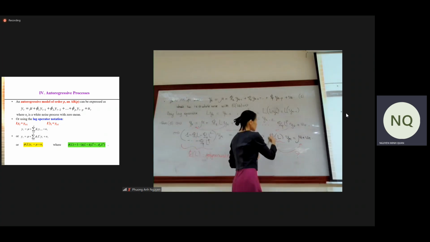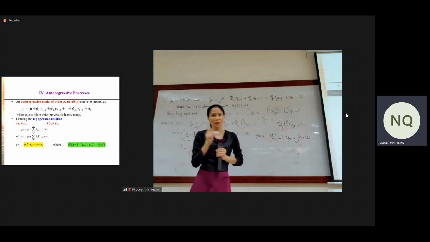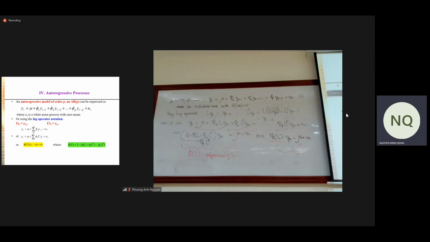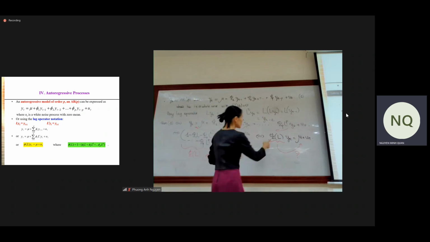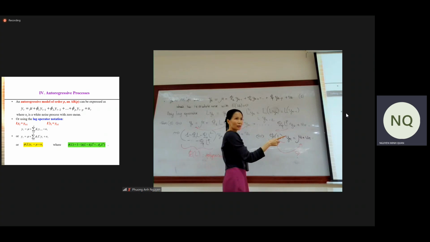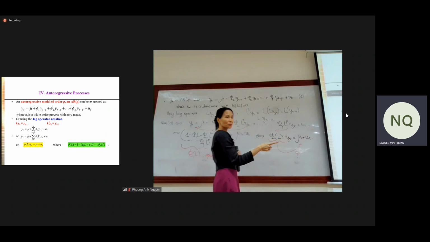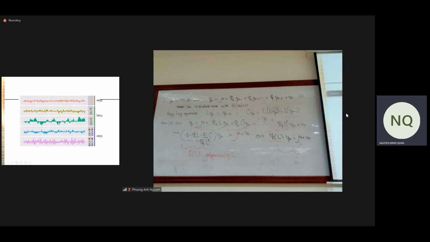Here, don't forget it's an operator in terms of L. So yes, inverse, and we can think of phi(L) to the minus 1, which is 1 over phi(L). How to write this down? Maybe I continue later.